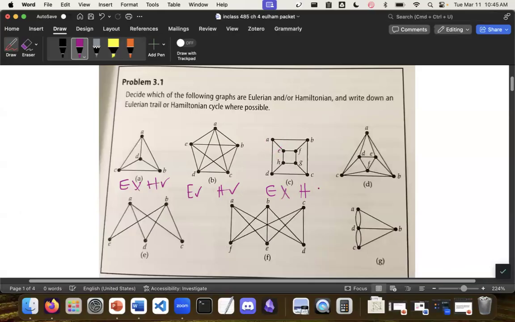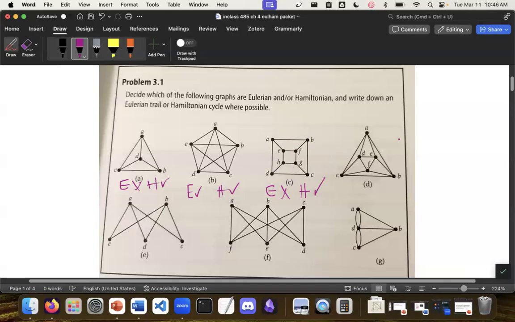What about Hamiltonian? Let's see. If we go in here and down and then go that way, that's one possible way of doing it. So yes.